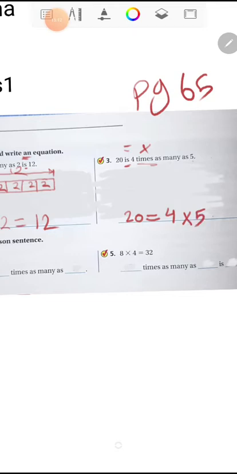Okay? If I want to draw a model, it's the same thing. If I have only one 5, to describe this equation I have to repeat this 5 four times. So let's repeat it like this. If you repeat this 5 four times, the answer will be what? 20. Or I can repeat 4 five times. You can use it.